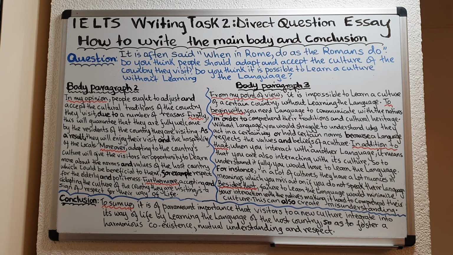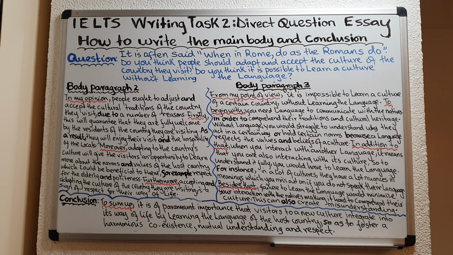The other thing that I would like to point out is that when it comes to Writing Task 2, the general training students and the academic IELTS students write exactly the same type of essay. It is written in the same way and it is marked in the same way.